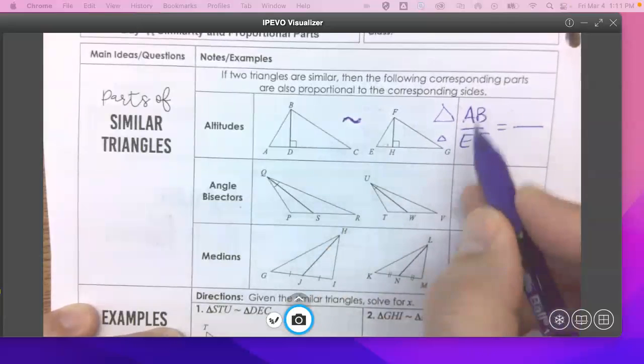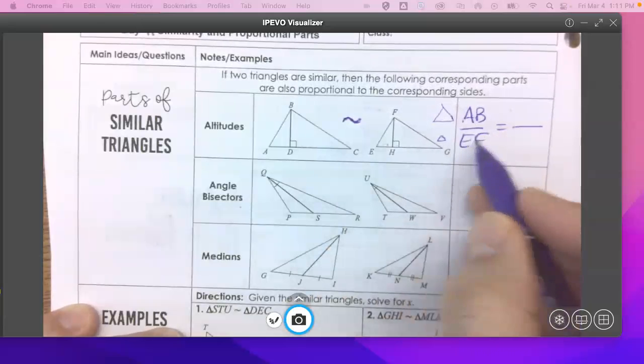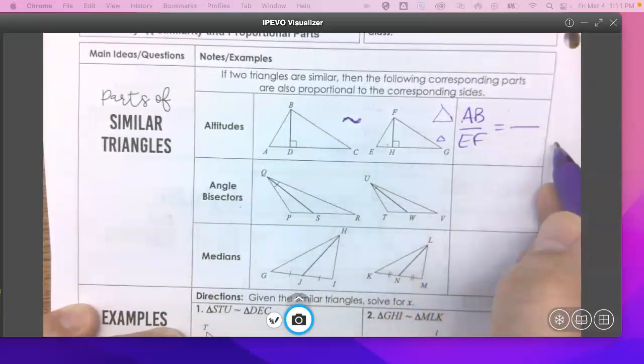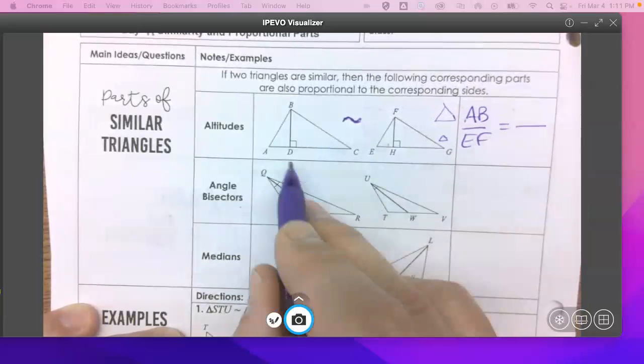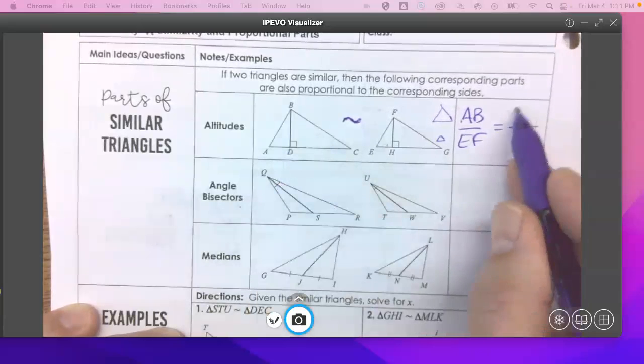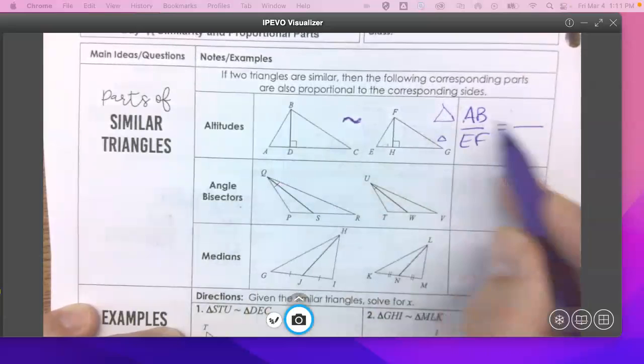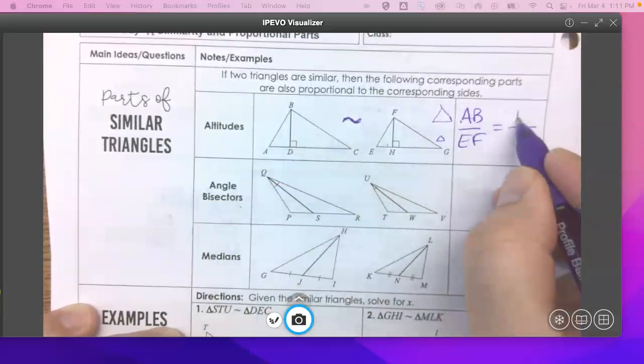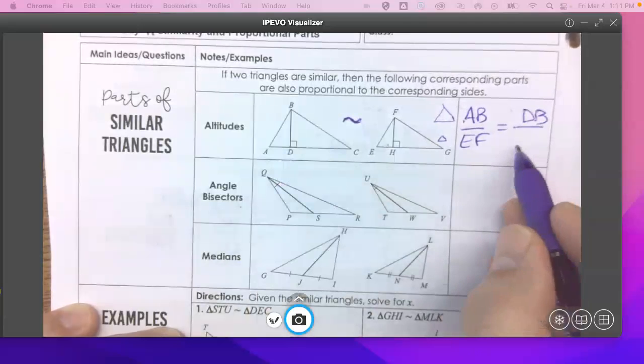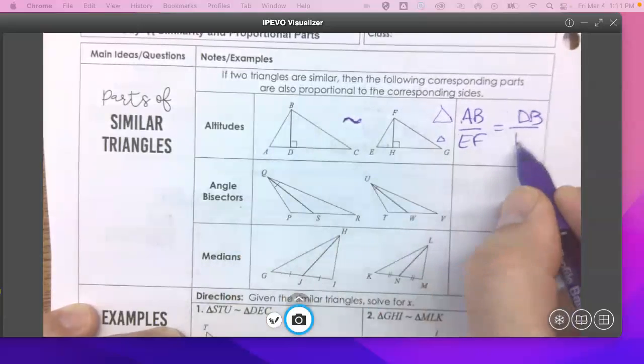So if I choose a corresponding side from the big and a corresponding side from the little, they'll be in the same proportion as any other corresponding side. They'll also be the same proportion as the altitudes. So what's the altitude of the big triangle? Yep. Or BD. And what's the corresponding one here? HF.